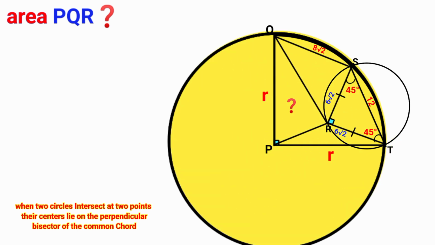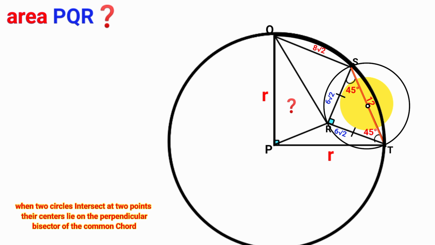So here we see there is the center of the big circle, and as for this circle, since this is its diameter, the midpoint of the diameter will be its center. From this rule here, this common chord is referring to the chord that is connecting the two intersecting points, which is this same diameter. So its perpendicular bisector will connect the centers of the two circles.